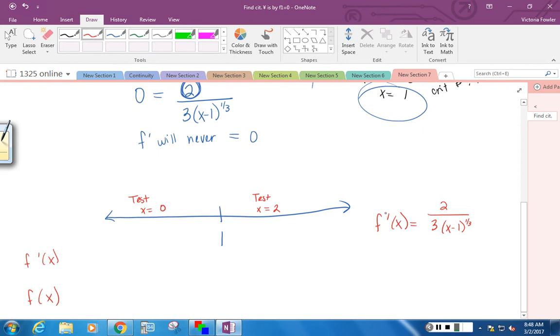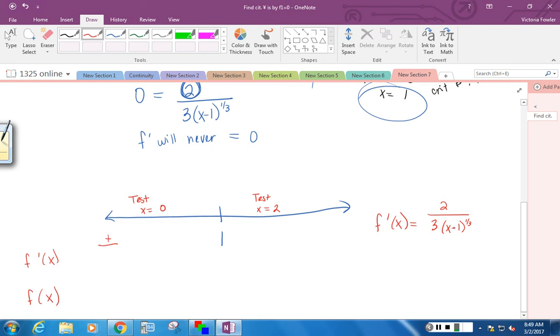And I'm just simply plugging in these x values, these tests, to see if the derivative is positive or negative. Again, if the derivative is positive, my function is increasing. If the derivative is negative, my function f is decreasing. So if I plug in x to be 0, I have a positive 2 in the numerator. That's going to stay. If I plug in x to be 0, I will be taking the cube root of 0 minus 1, which is negative 1.